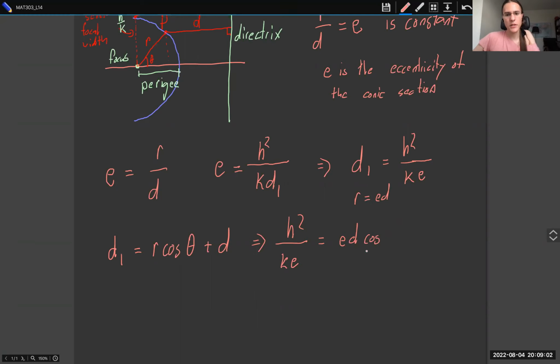Rather, actually, we want to keep r. r cos theta, I'm happy with r. I want to replace d with r over e. Because here we replace d, here we're also going to replace d. So we're going to get r over e plus r cos theta.